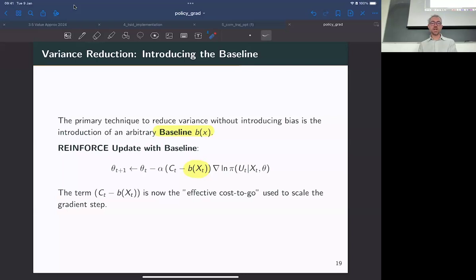But trust me, there is a very natural choice for B, which makes a lot of sense. And I'm going to give it to you in a couple of slides. But first, we see the concept in this general way of having a baseline, and then we see how we can choose something that makes sense for the baseline.